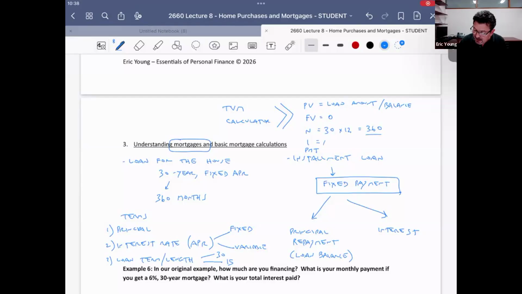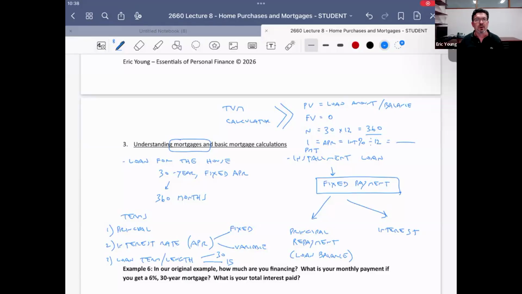Your I is your APR. It's the loan's interest rate. But because APR is the annual percentage rate, the A stands for annual, and loans are monthly for a mortgage, we have to divide by 12 to get whatever the number is going to be.